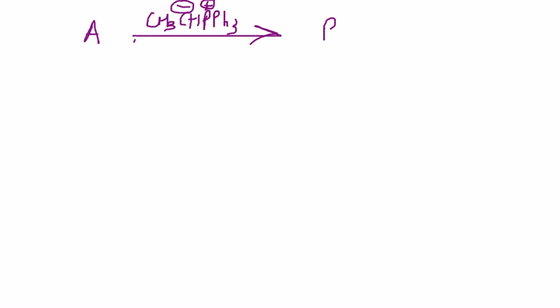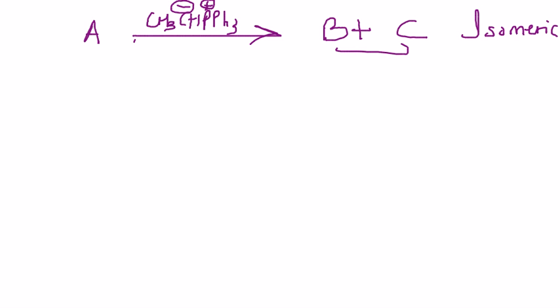It says here, treatment of aromatic compound A. So A is some aromatic compound which is treated with an ylide, CH3CH=PPh3. So hopefully those of you who were present in the last two classes would recognize this as the Wittig reaction, and it gives you B and C together, and it's given that these are isomeric in nature.